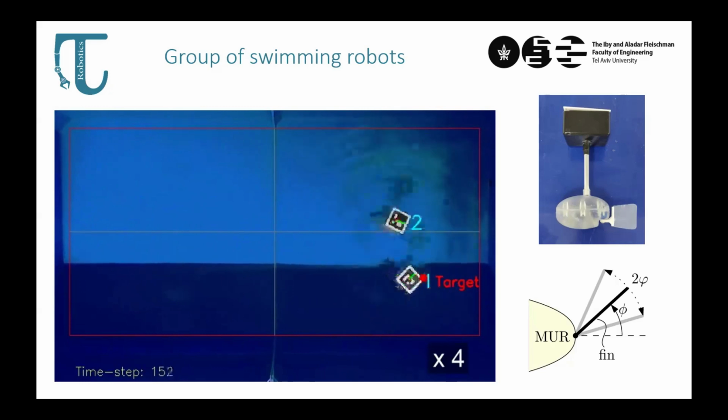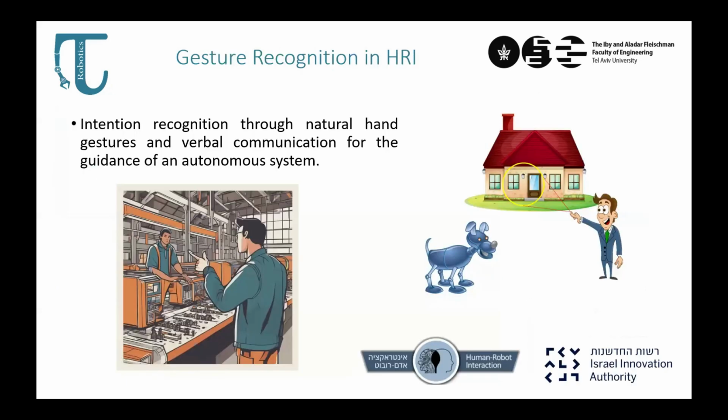I mean, we can solve it, but it's less important. It just originates from the way we collect the data. But still, they move between targets and work together. Unfortunately, we didn't have more fish. Okay, so that was for a multi-agent system.